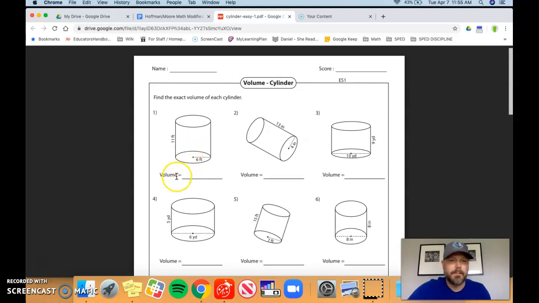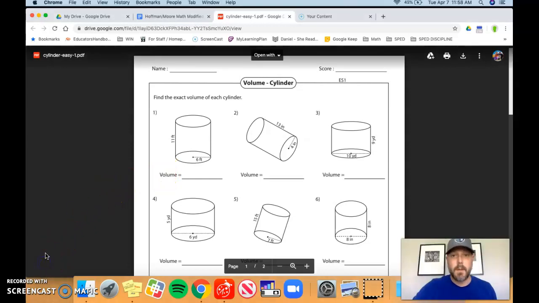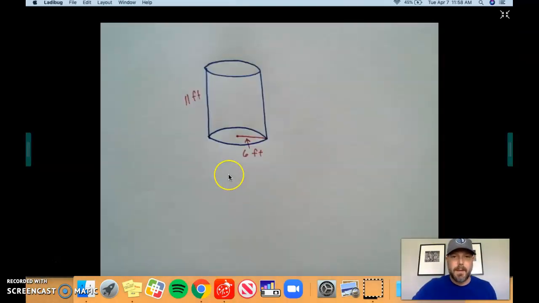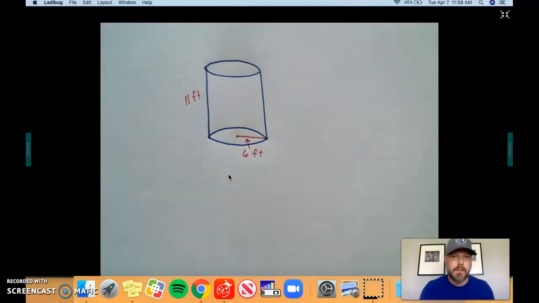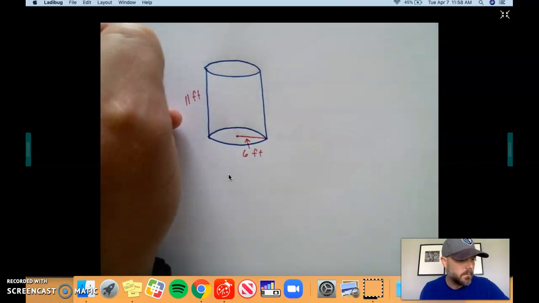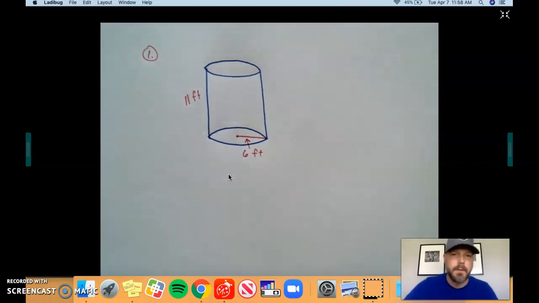So if I draw my cylinder on another piece of paper, which I'm going to have to find. Okay, found some paper. And here it is, number one. This is the cylinder with a radius of 6 feet and a height of 11 feet.